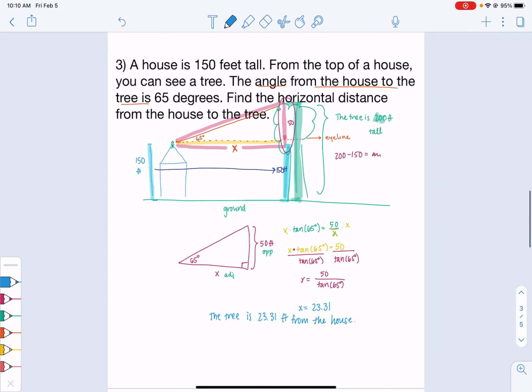That one was kind of tricky. I had to add this part in because we were missing a sentence. I'm sorry about that. This is given to you. And this one was tricky because we had to do some subtraction.